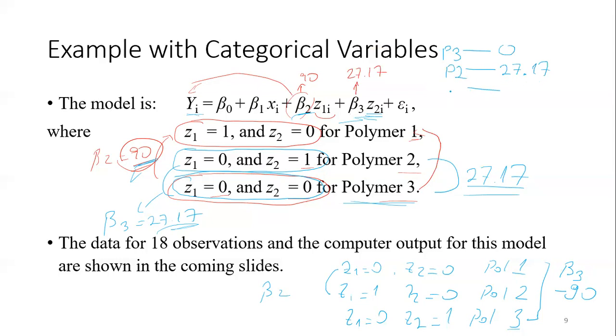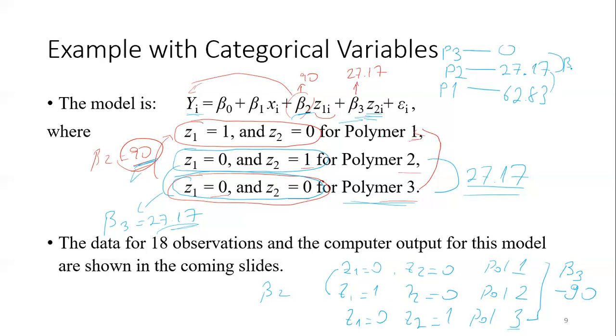And if you add polymer 1 over polymer 3, you will have 90. The difference here with the 90 is almost 62.83. So from polymer 3 to polymer 2 you have 27.17, which was beta 3. So this is beta.